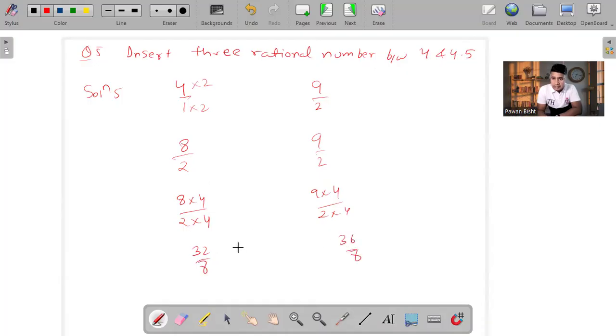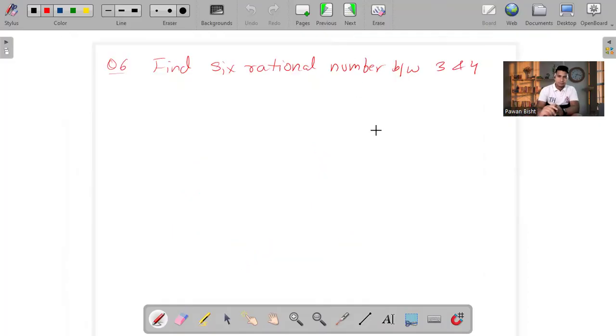So we get exactly three numbers between: 33 over 8, 34 over 8 and 35 over 8. Exactly three numbers we are getting. Why? Because these numbers are one after the other. So when the numbers are one after the other and they say 3, you multiply by 4, you get exactly three numbers.